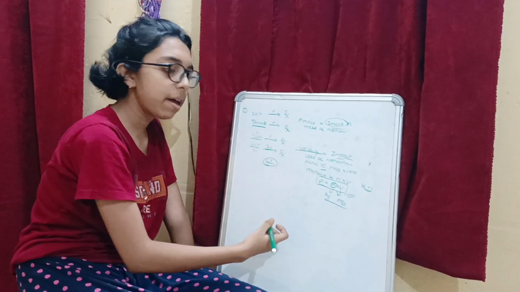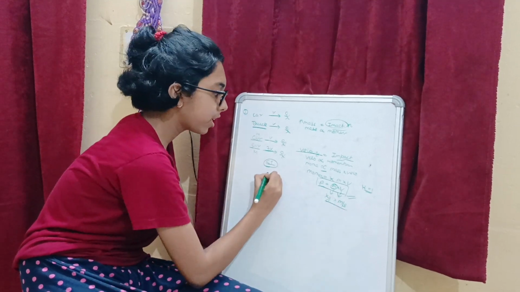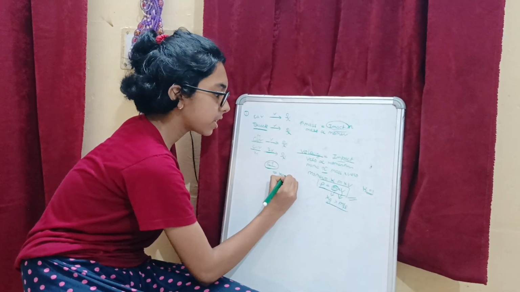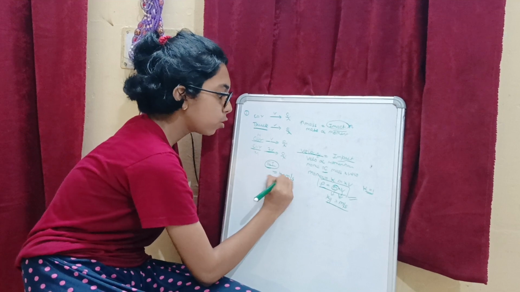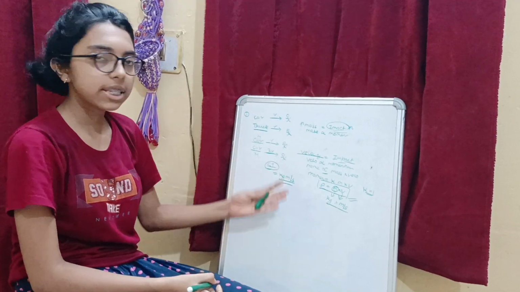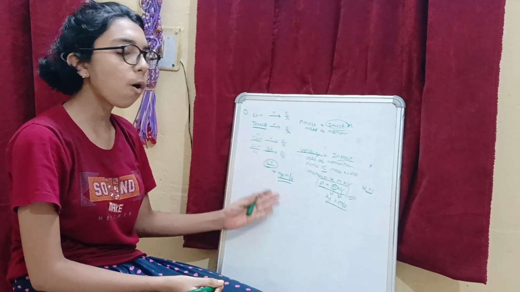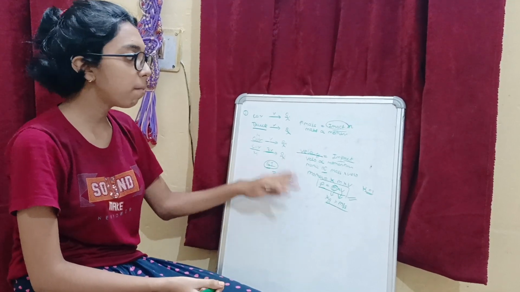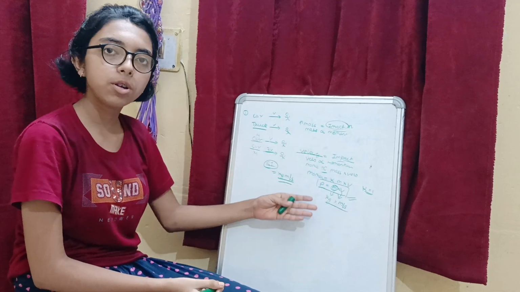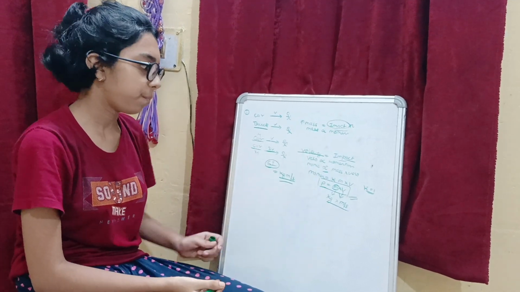So when we multiply kg and meter per second, it gives us kg meter per second. So the SI unit of momentum is kg meter per second. So this is all about momentum: momentum is the impact of force and the quantity of motion.